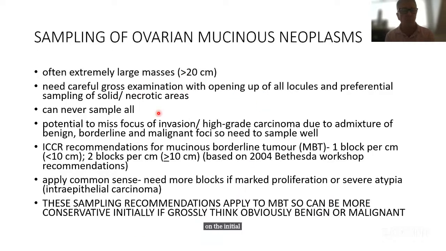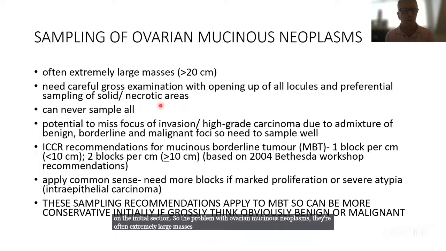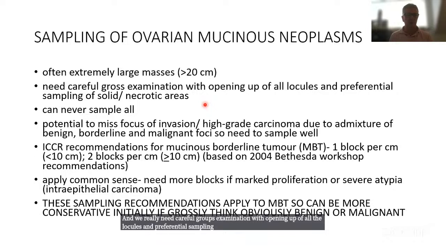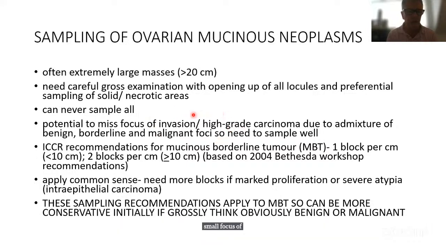So the problem with ovarian mucinous neoplasms is they're often extremely large masses, and we really need careful gross examination with opening up of all the locules and preferential sampling of solid or necrotic areas. But there still is this potential to miss a small focus of invasion or high-grade carcinoma, because you can never sample all.